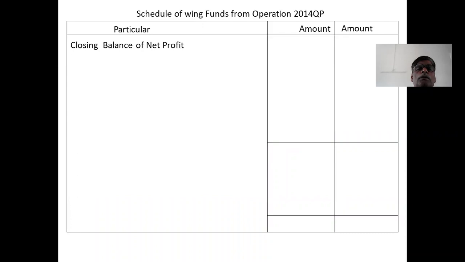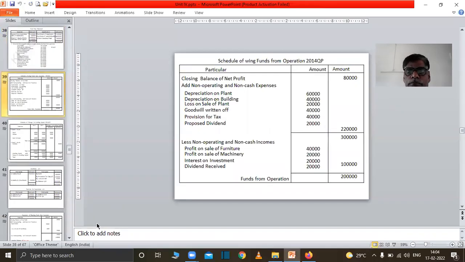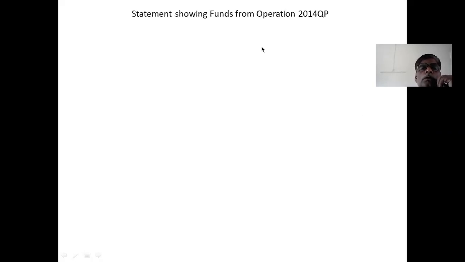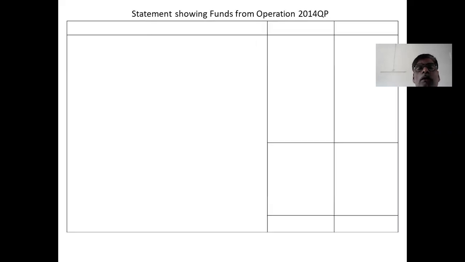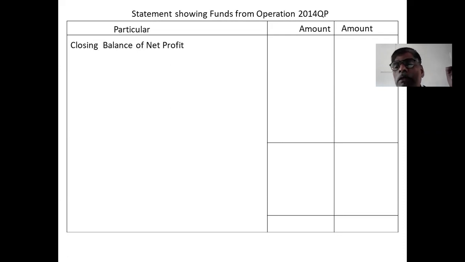Schedule of changes, what is the heading? Statement showing funds flow from operation. Particular, amount. You take the net profit. Only the closing balance of net profit is there.